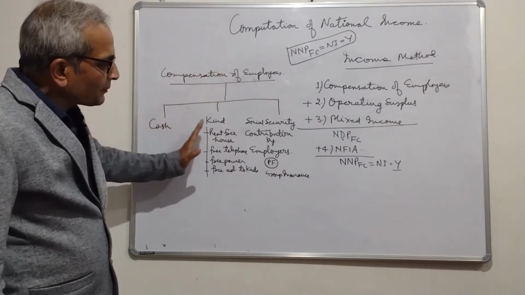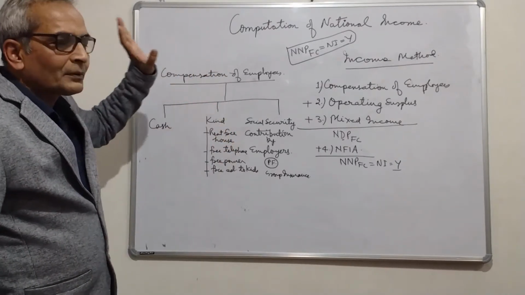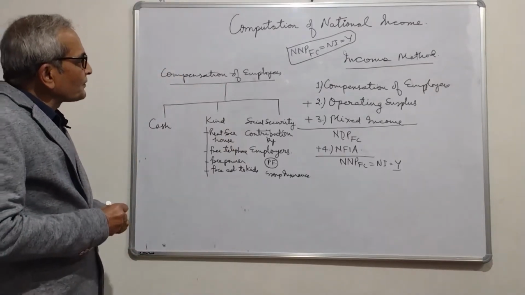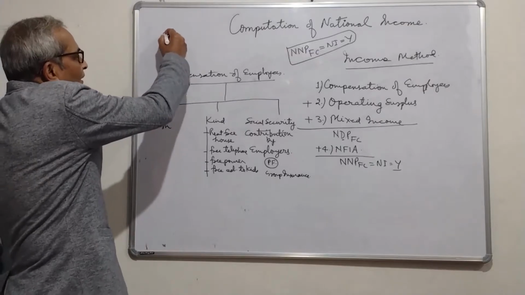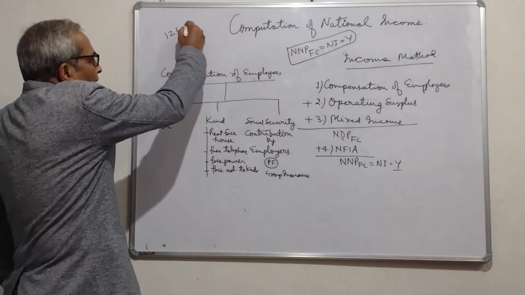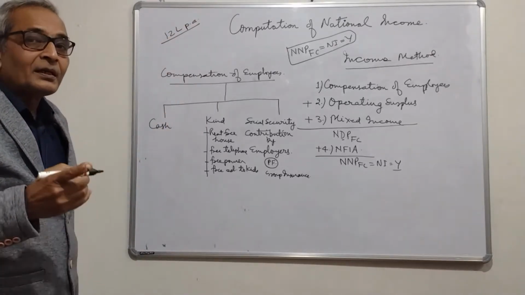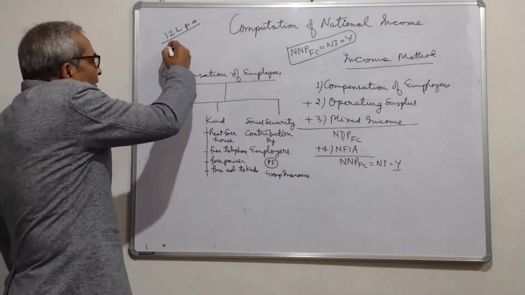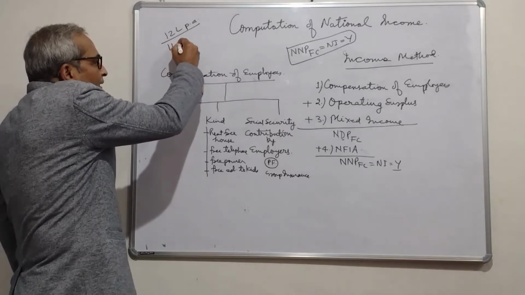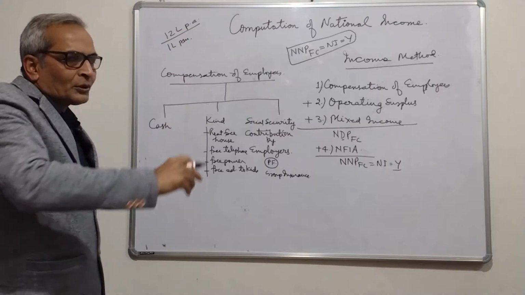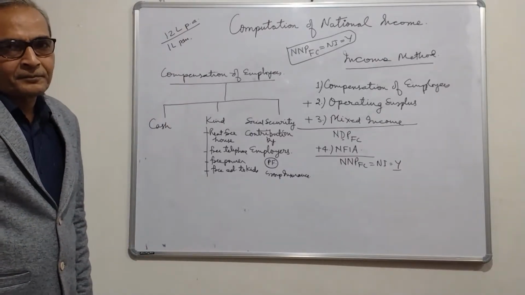So these are the different subparts of compensation of employees. When we add them up, we get compensation. For example, you might have heard that someone is getting 12 lakh per annum. That is the compensation package. It does not mean that the person is taking 1 lakh cash per month, which comes to around 12 lakh in a year.